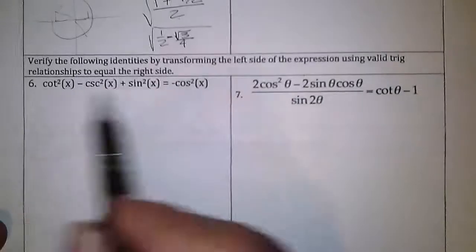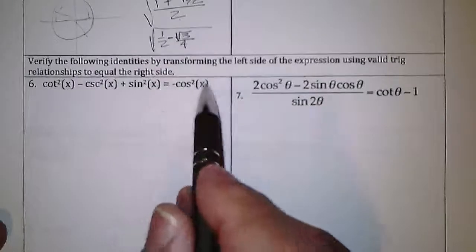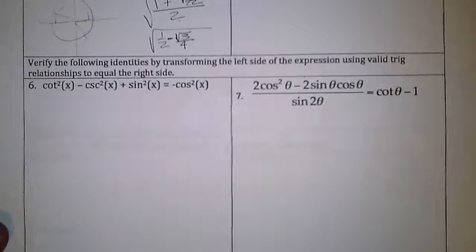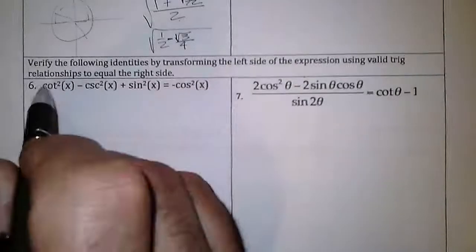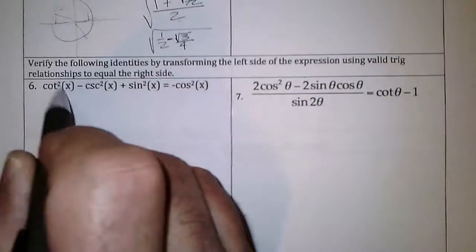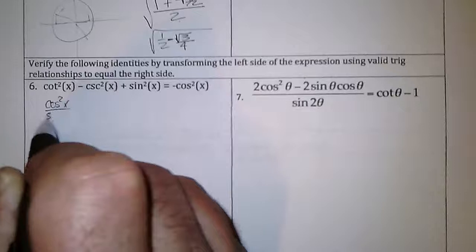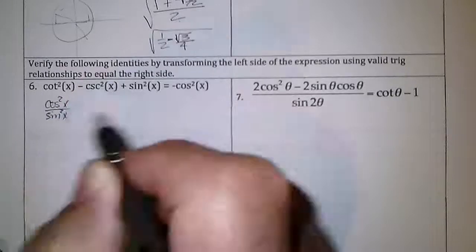Number 6, it says show all of this equals minus cosine squared of x. And I saw lots of different ways of doing this. Some people said cotangent squared is cosine squared x over sine squared x.